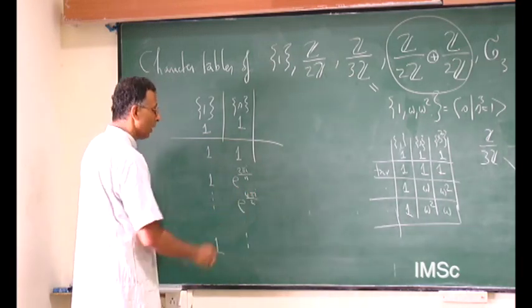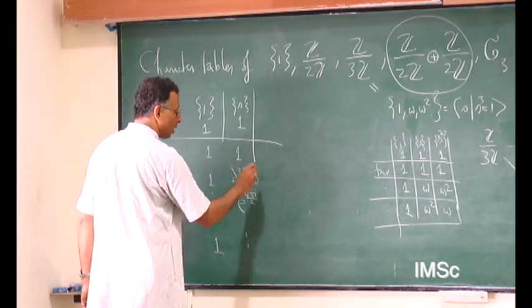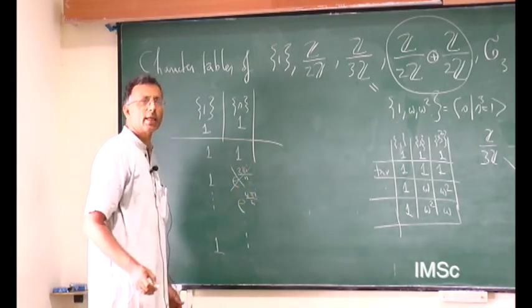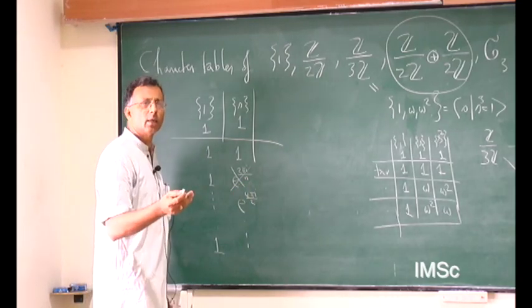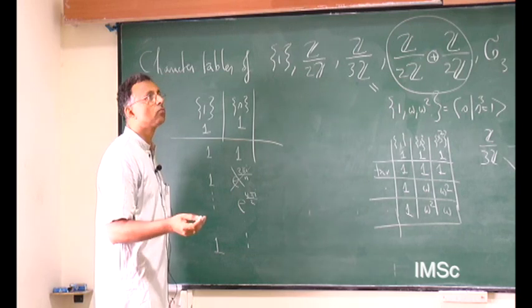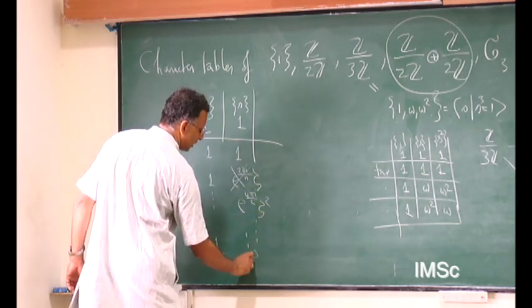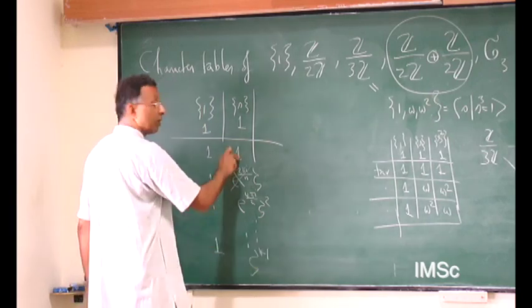Let's use the standard letter zeta: zeta, zeta squared, up to zeta to the n minus 1, and zeta to the n is 1.